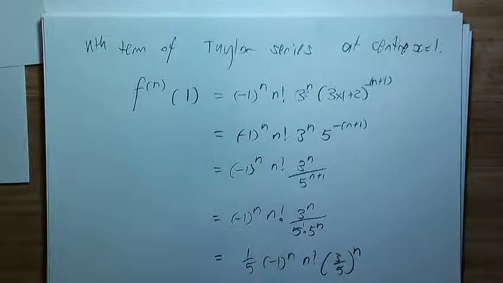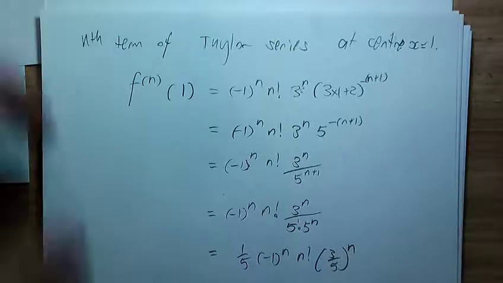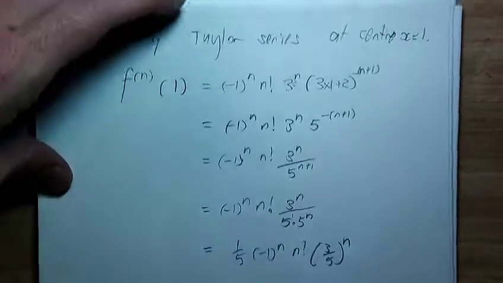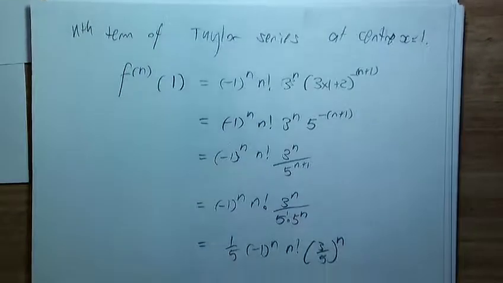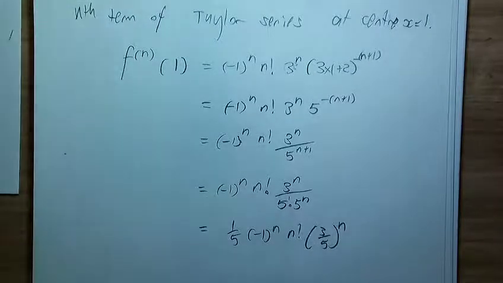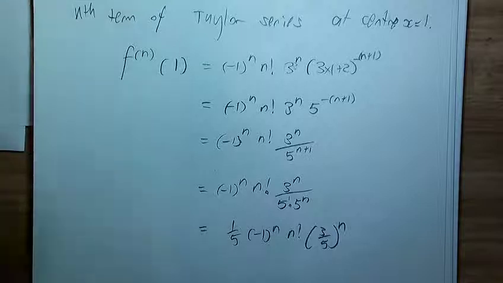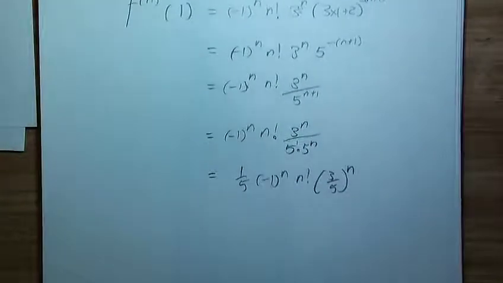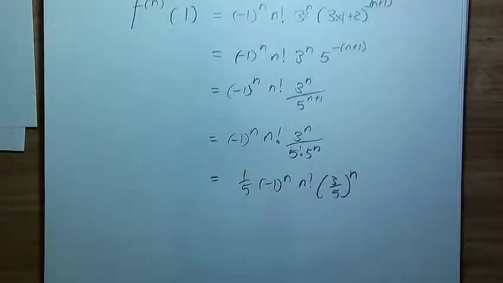It's traditional to leave the minus 1 to the n outside by itself to remind the reader that it flip-flops back and forth between plus and minus. But you could put the minus 1 in if you wanted, like in one of the assignments this semester. But yeah, it's traditional to leave the minus 1 to the n all by itself. Okay. And then I need to divide by n factorial and times by x to the n.